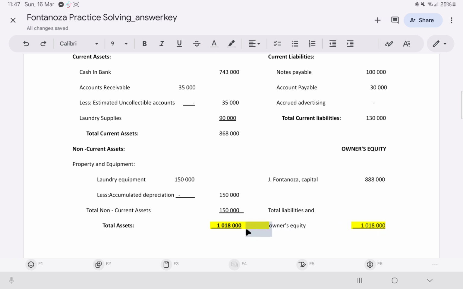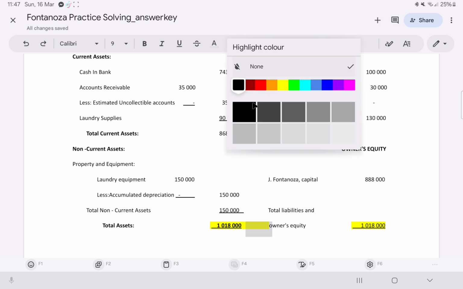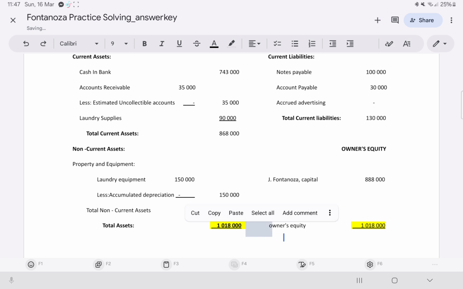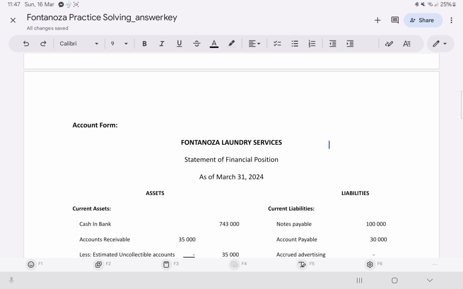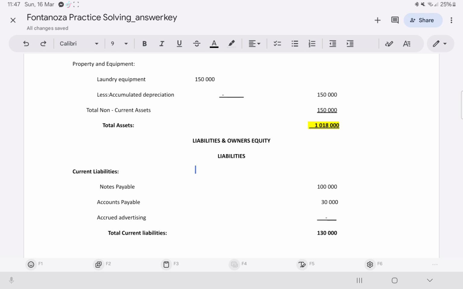So are you correct? I hope everyone is learning, and I presented to you the account form and the report form.